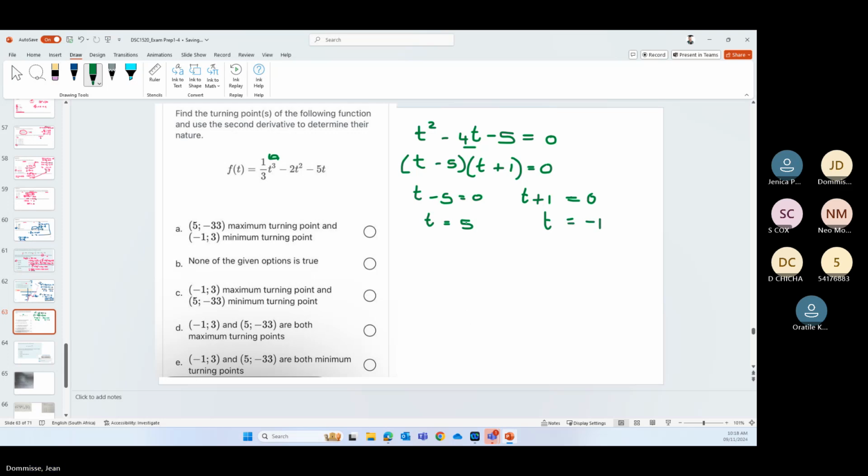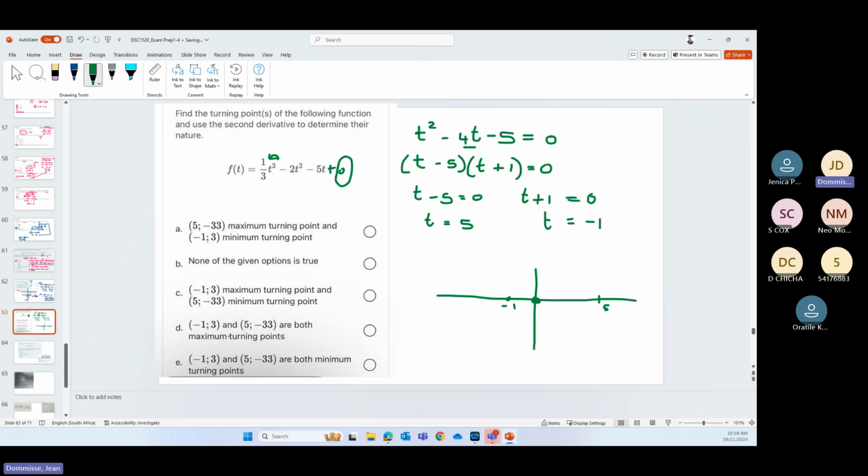Okay, so we'll do exactly the same. There's no y cutoff, so there's no constant. That means it is plus 0, so it goes through the origin. So here somewhere is t equals 5, and there's minus 1.